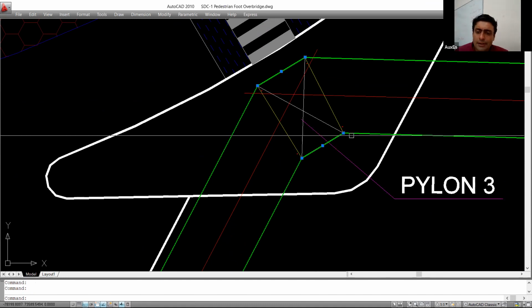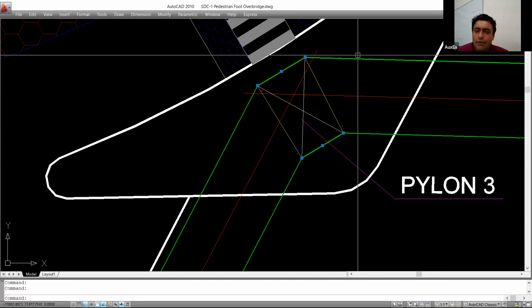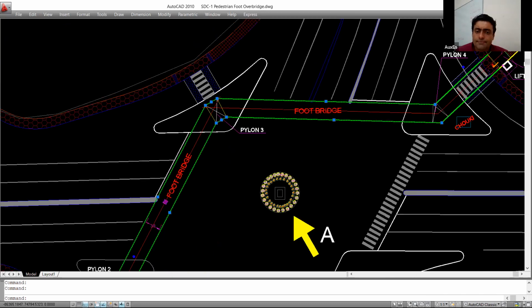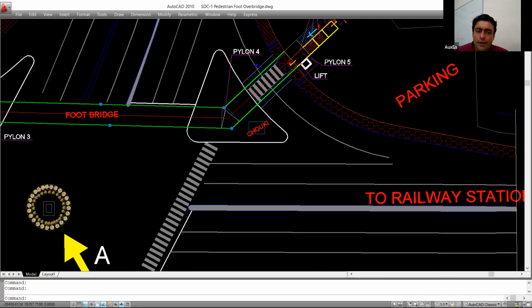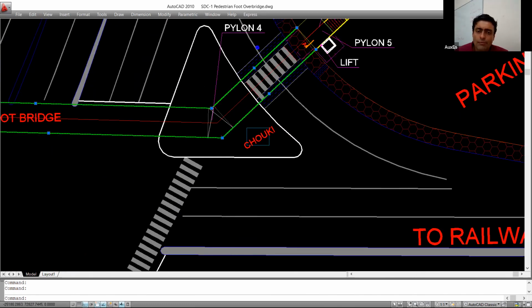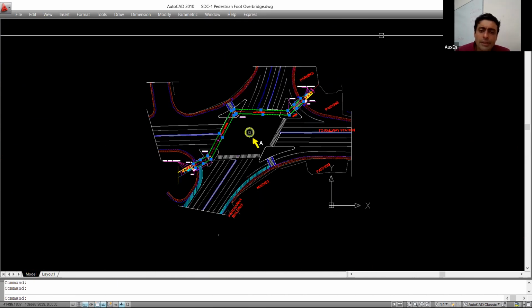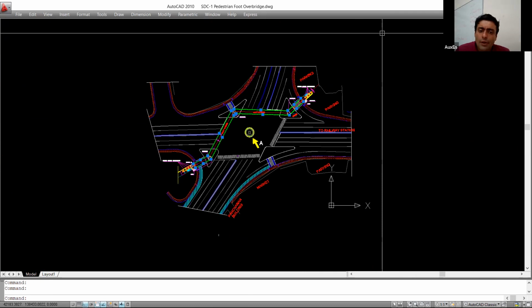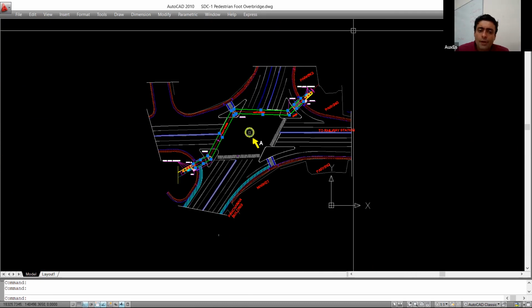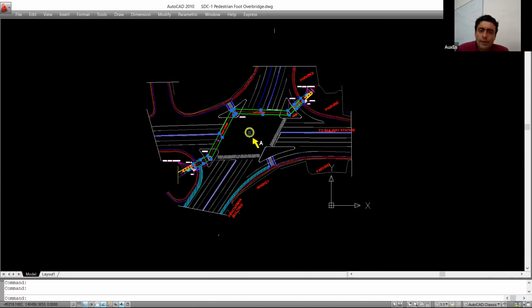All these lines represent the alignment of your pedestrian footover bridge. So basically you could walk from one diagonal corner of this intersection to the other diagonal corner, from this point to this point through this alignment.